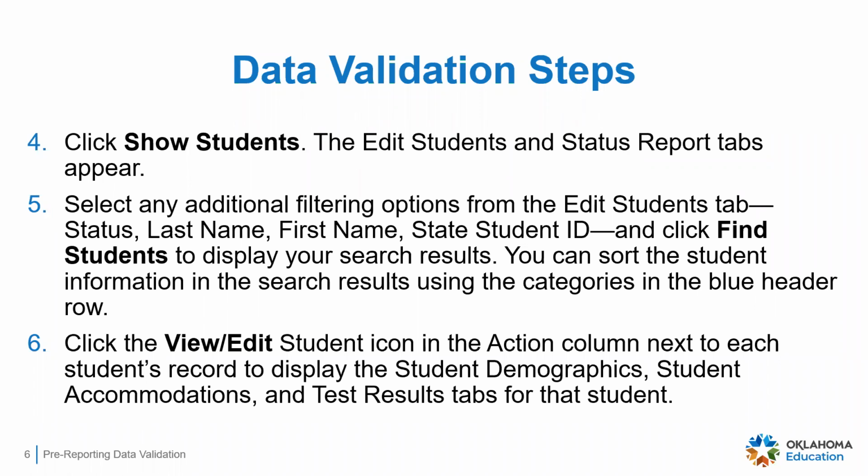Then you can sort the student information in the search results by using the categories in the blue header row, which will be up at the top of the page. Then you'll click the Edit/View Edits student icon in the action column next to each student's record to display the students' information, and there will be student demographics, student accommodations, and test results tabs for you to see.